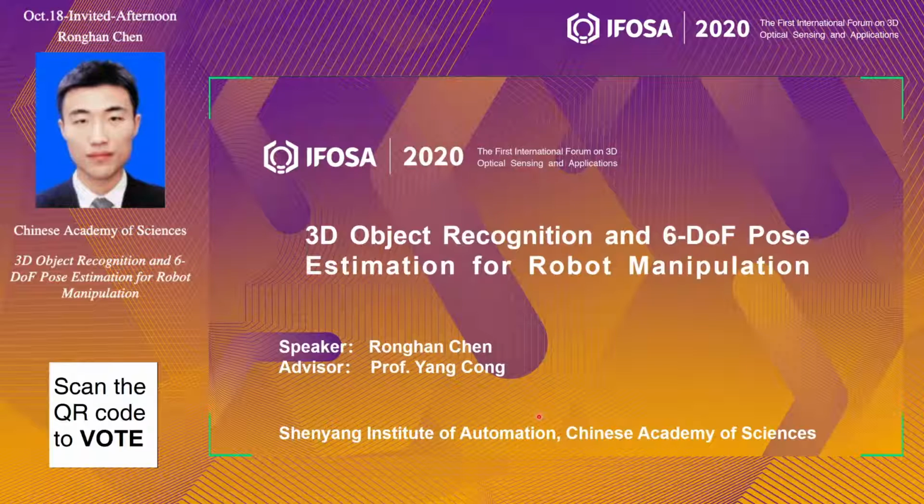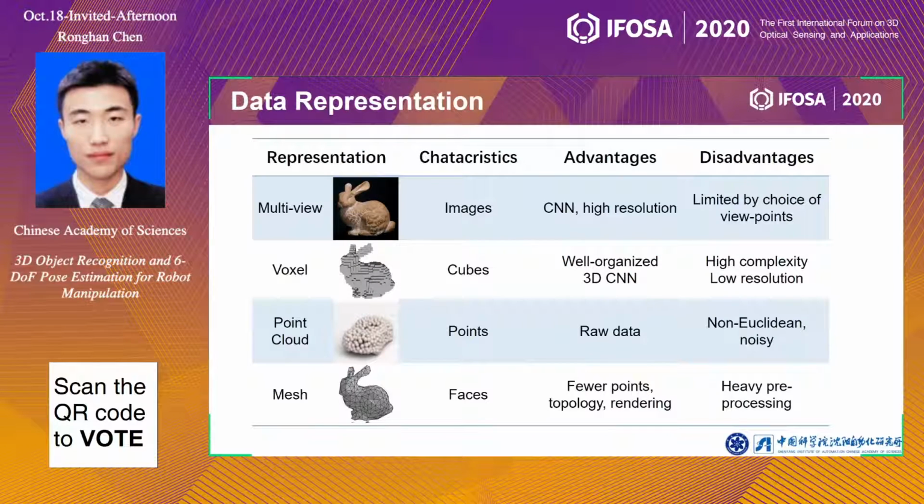Here I will introduce some common 3D data representations used for robot manipulation, including multi-view images, voxels, point clouds, and meshes. Multi-view images are just images from different views, and voxels are a set of cubes divided by grids. It has cubic complexity, thus often has low resolution.